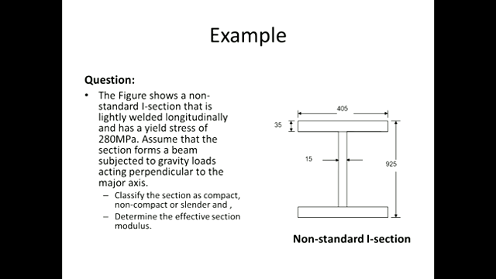So that's maybe one of the things we have to be aware of. We are required to classify the section as compact, non-compact, or slender, and also to determine the effective section modulus.